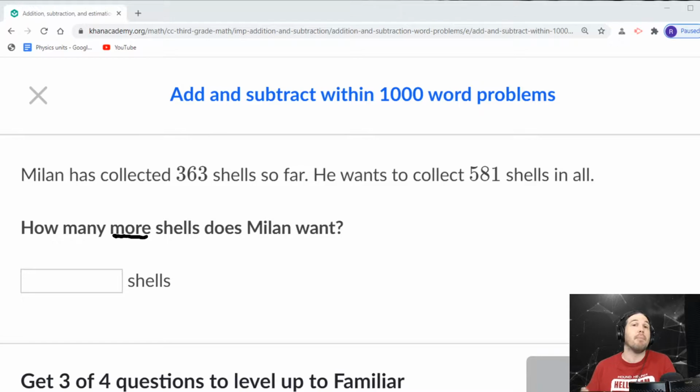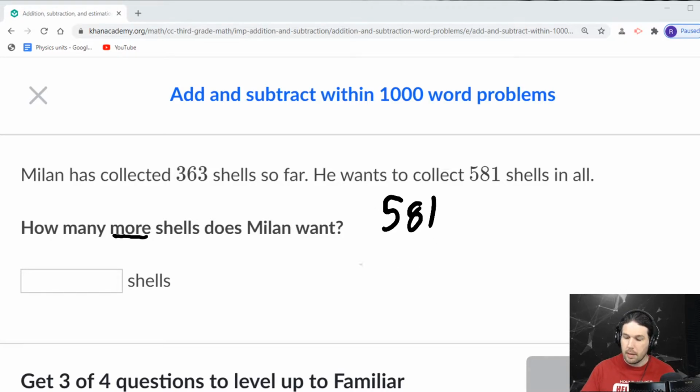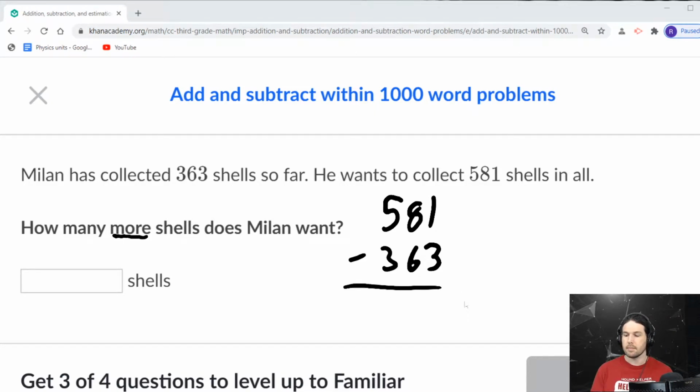How many empty places are there in Milan's shell collection? He wants 581 minus the 363 he's already got. I hope that makes sense. Because again, that word more is a very confusing word to use, but that's the way language is sometimes, unfortunately.